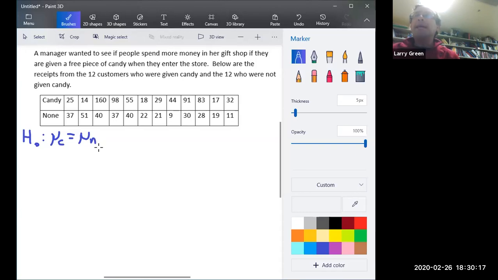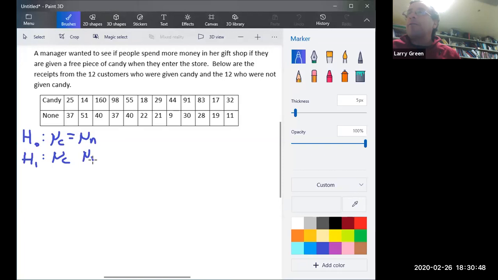So what's the mean amount of money people spend given candy versus what's the mean amount of money people spend not given candy? And H naught, those means are the same. Then there's H1. And in this case, we're going to have a mu c and a mu n.